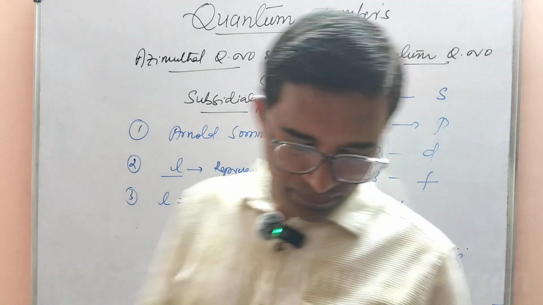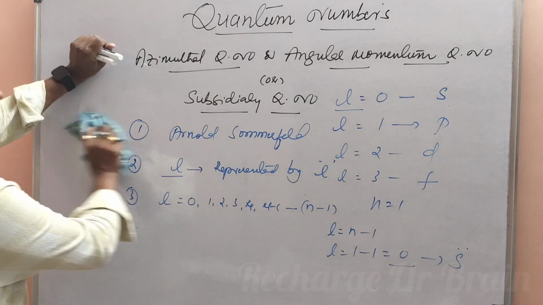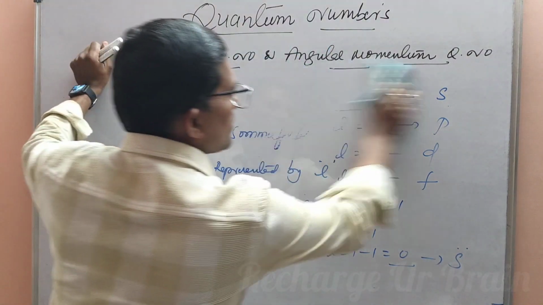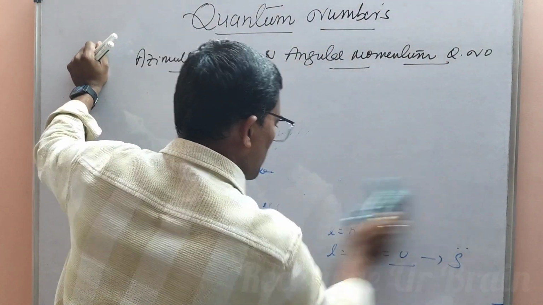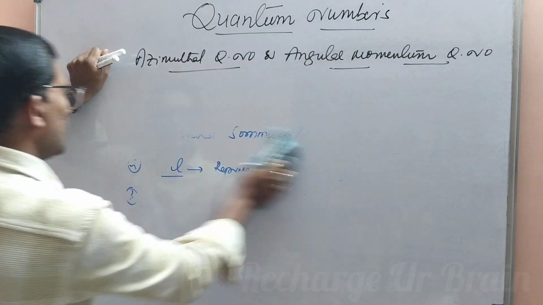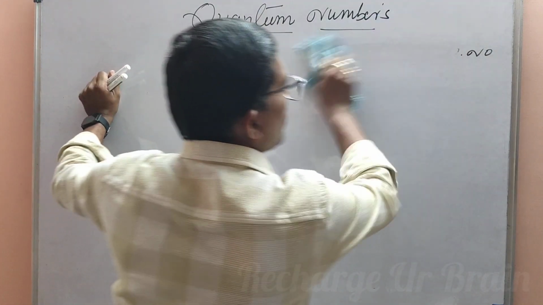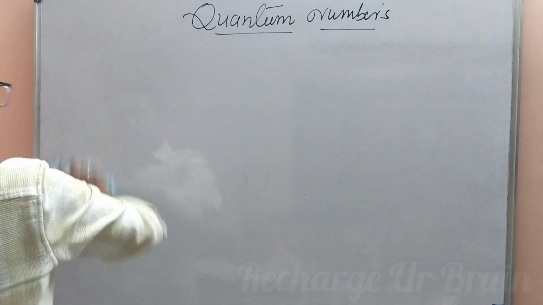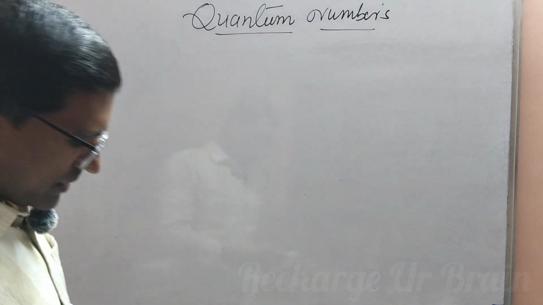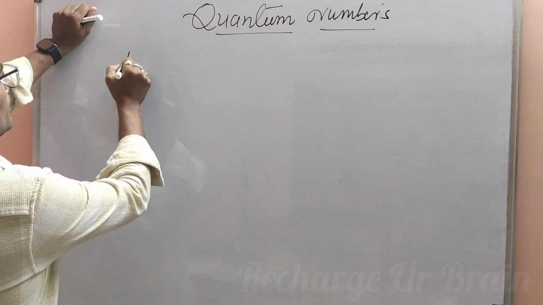Next type of quantum number which we are going to discuss is the magnetic quantum number.